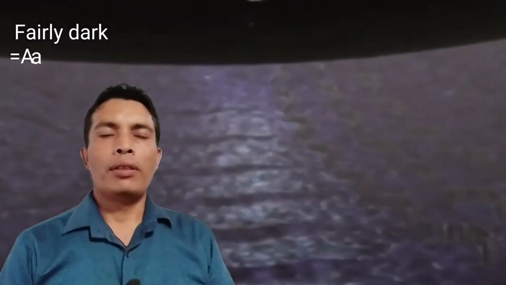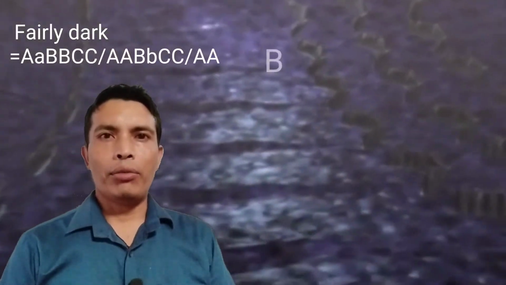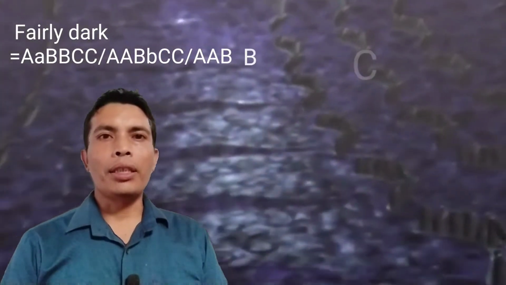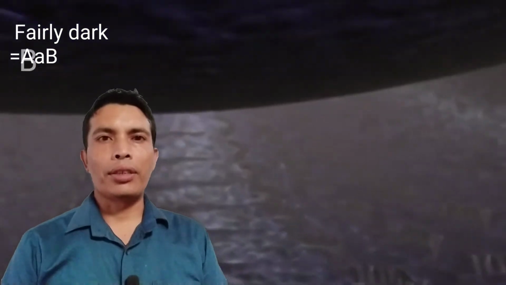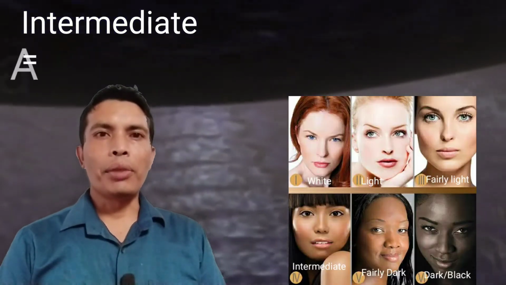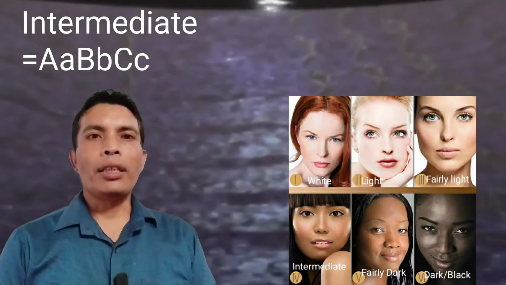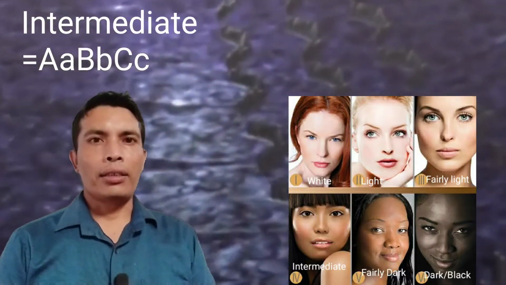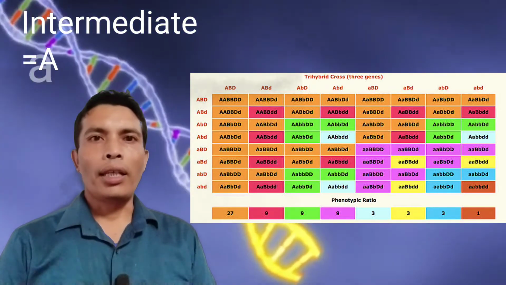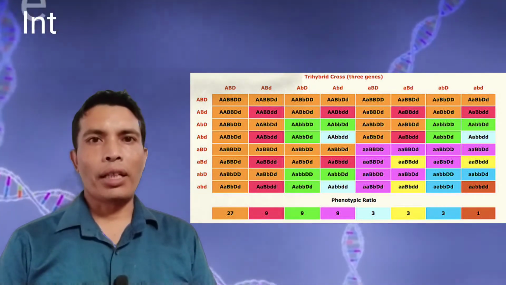Fairly dark, one small letter allele will be present in the genotype. Capital A, small a, capital B, capital B, capital C, capital C. Fairly dark. Next is intermediate. In intermediate, 3 capital letters and 3 small letters will be present in the genotype.